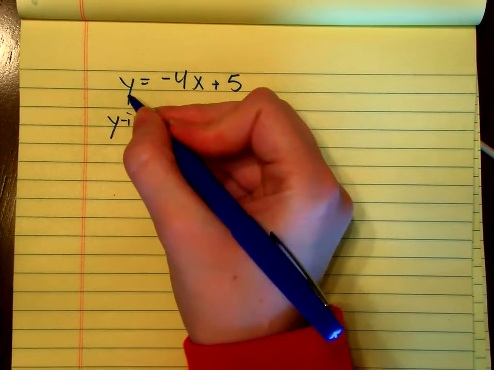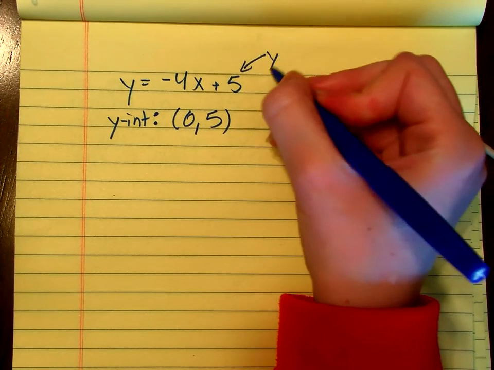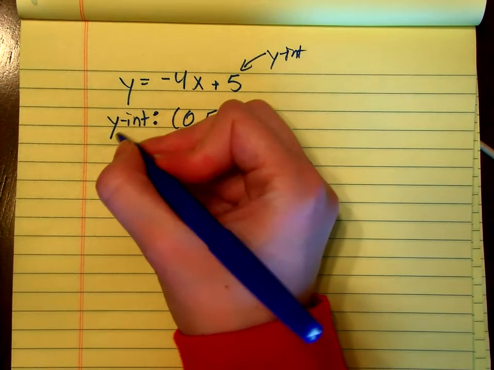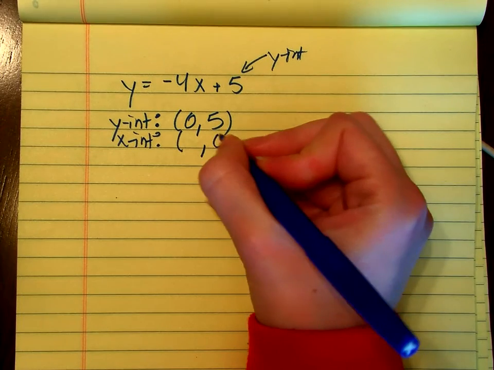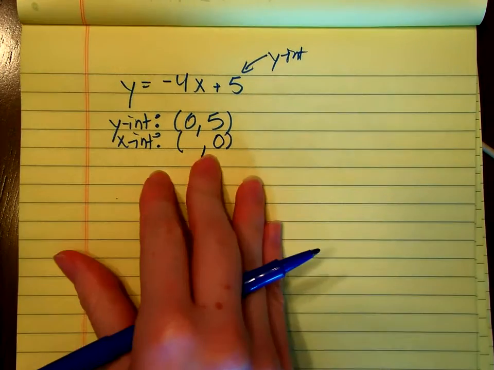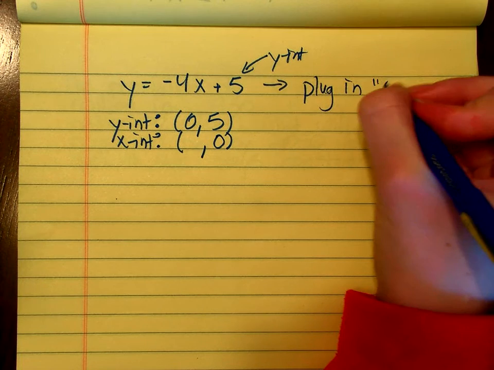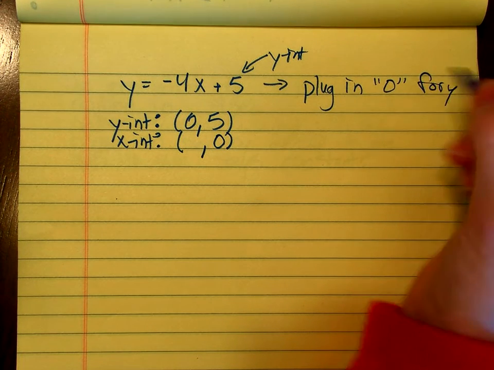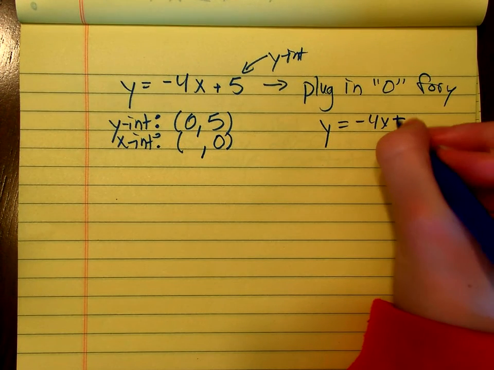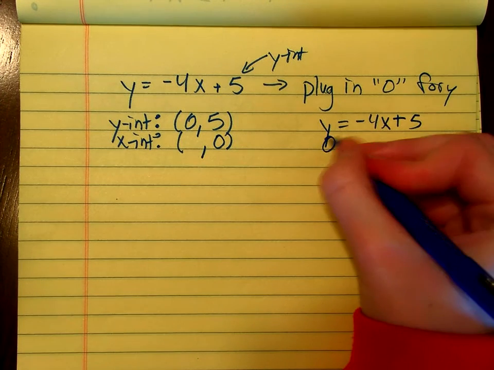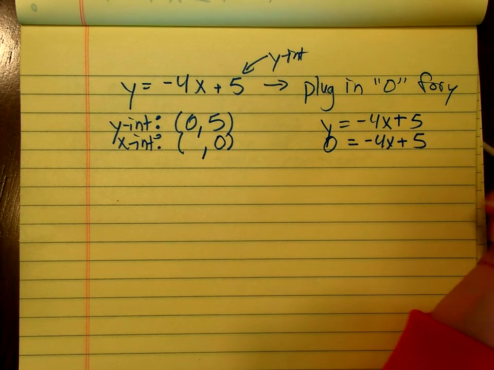Well, that's already at the point 0, 5, because this point tells you the y-intercept always. To find the x-intercept, that's going to be some number, comma 0. So what we've got to do is plug in 0 for y. When I have the equation y equals -4x plus 5, you replace the y with 0, and now you solve for x.